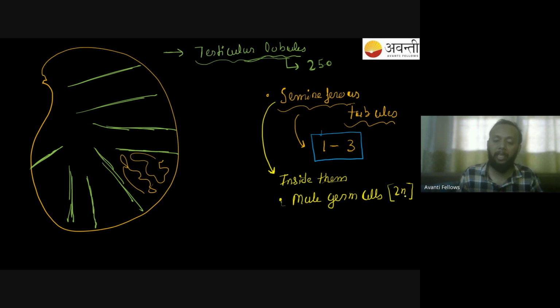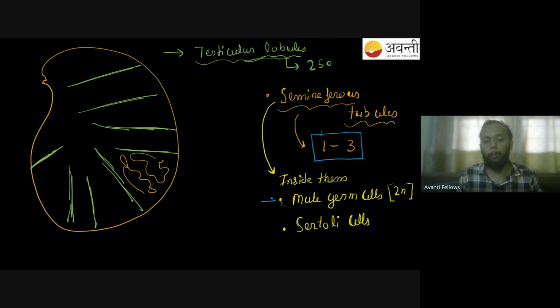That's one thing I'll see. The second thing I will find within the seminiferous tubule is the presence of Sertoli cells. So these two things I will be finding inside my seminiferous tubules: male germ cells and Sertoli cells.